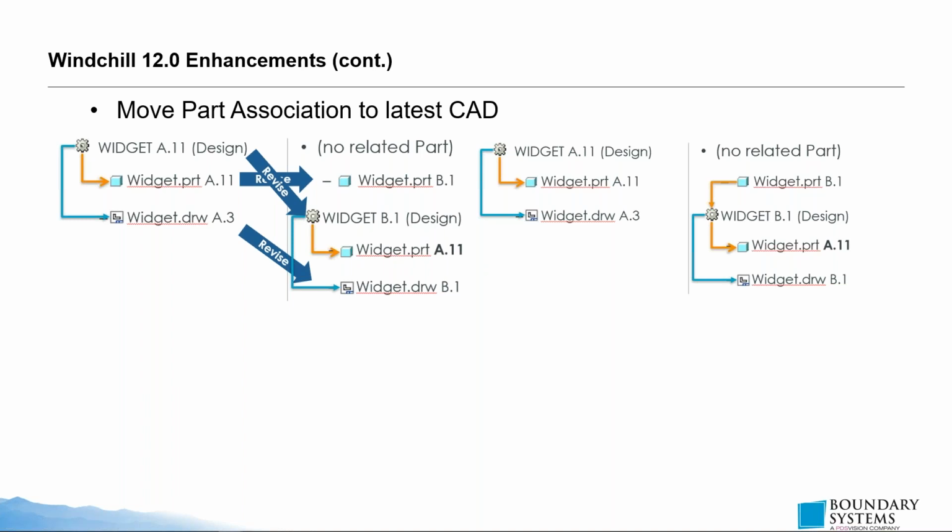What we really want is to take this B1 and reassociate the B1 WT part to the B1 CAD file. That is now available for us to do when we edit the associations inside the parts. So we can now update that so that we're looking at the latest and greatest version of those files versus the old versions of those files. And that is done through edit association.